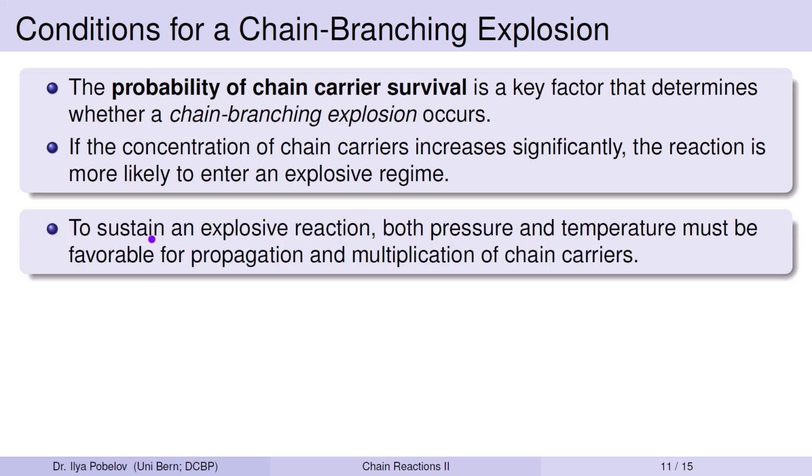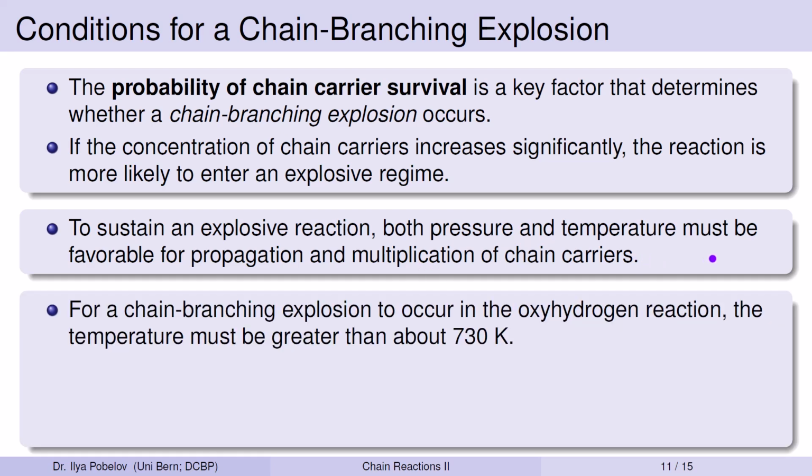To sustain an explosive reaction, both pressure and temperature must be favorable for propagation and multiplication of chain carriers. For a chain branching explosion to occur in the oxyhydrogen reaction, the temperature must be greater than about 730 Kelvin.